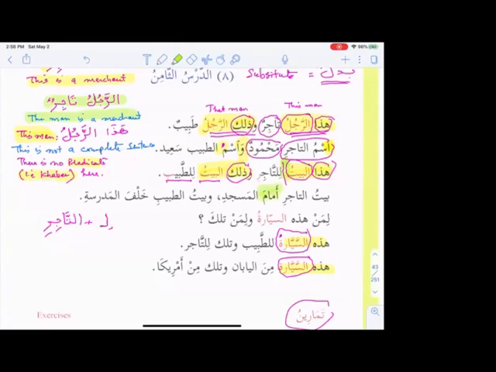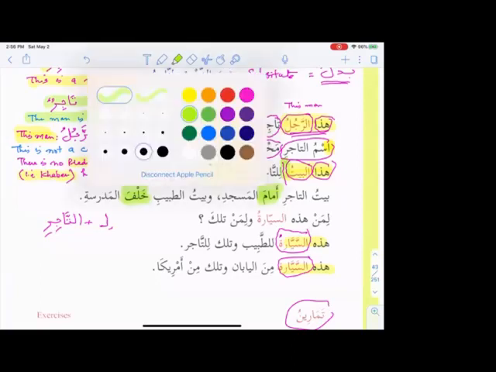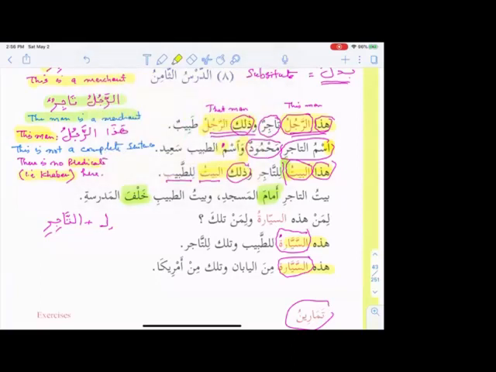I'll write down here. There will be two new things we will learn here. See, these are beautiful things, not difficult, but you have to understand.